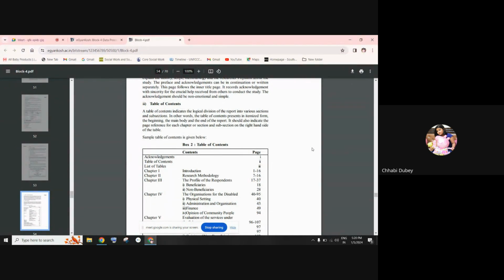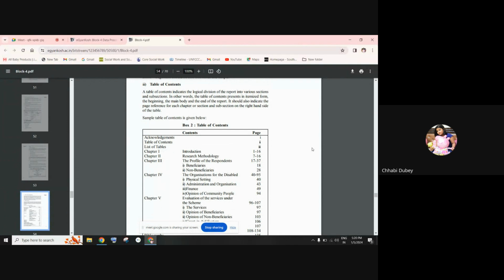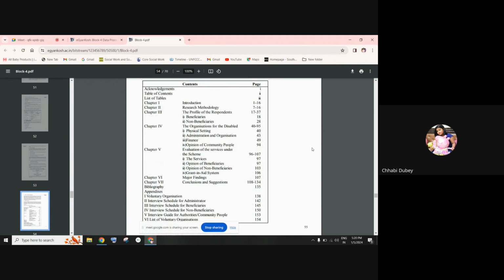The acknowledgement is there, the table of contents, list of tables, the different chapters into which the research has been divided, starting with introduction, and then going on to the research methodology, the profile of the respondents, the organizations for the disabled, and evaluation of the services. So they have just given an example of how you can write the table of contents.